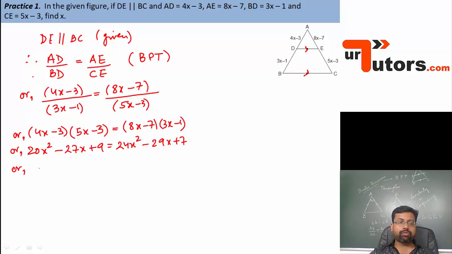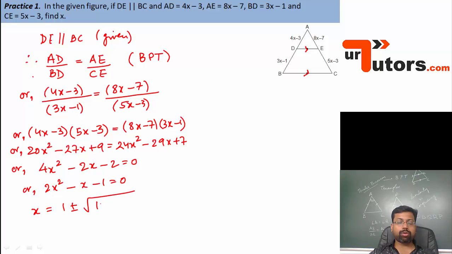Or you form the standard equation, so you have 4x square minus 2x minus 2 equal to 0, or you take 2 common, so you get 2x square minus x minus 1 equal to 0, this is the final equation. And the values of x will be minus b plus minus root over b square minus 4ac by 2a, which is 1 plus minus 3 by 4, which is 1 and minus half.